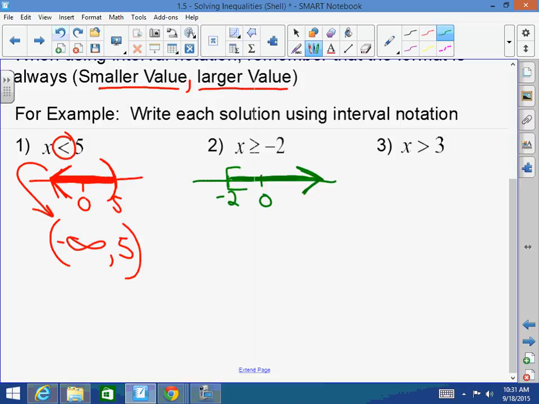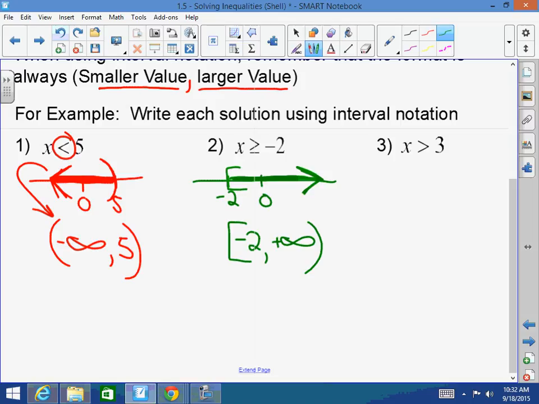So to write this as interval notation, I'm going to have a bracket. I go from my small value, negative 2, to my large value, positive infinity. And I always have parentheses around infinity because I can never equal infinity. Infinity is a concept that goes on forever. There is no end to it. So I can never, ever, ever have brackets around infinity.